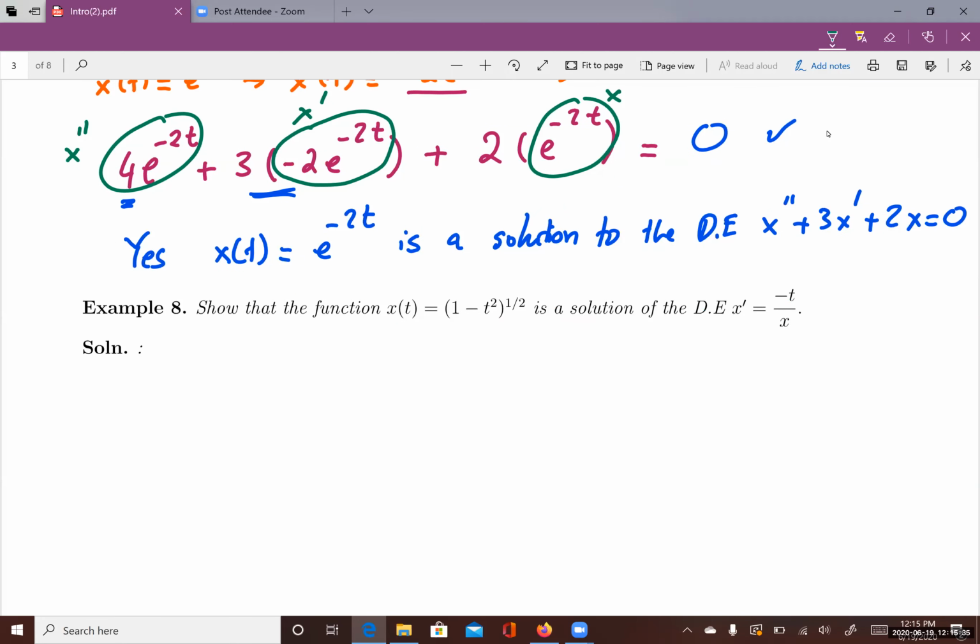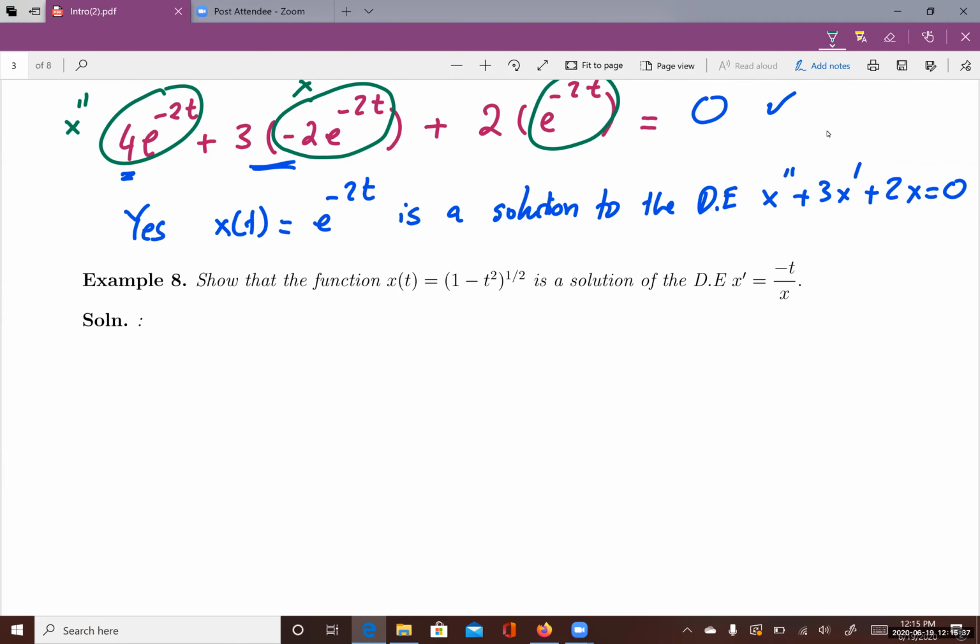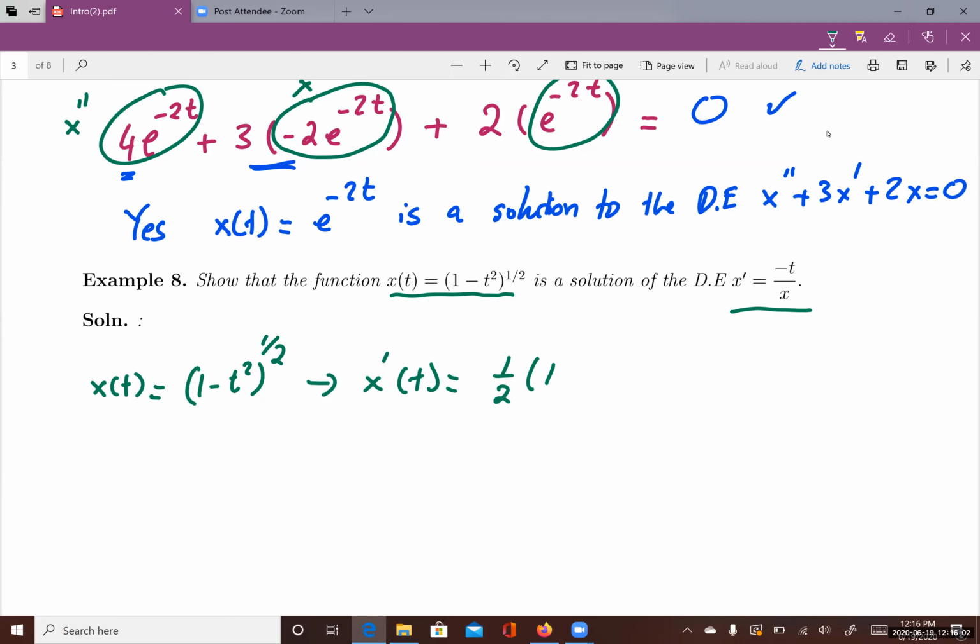Well, you want to show that, again, the function x of t here is a solution to this DE. Okay, and I look at this equation, I only need to find x prime of t. So let's start with x of t equals (1 minus t squared) to the 1/2. Then x prime of t equals 1/2 (1 minus t squared) to the negative 1/2 times 2t.